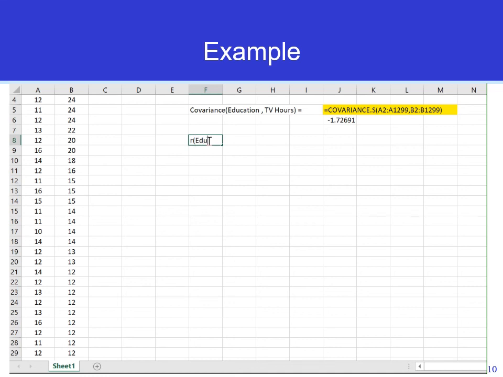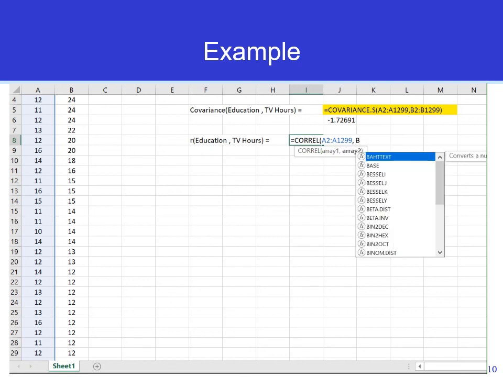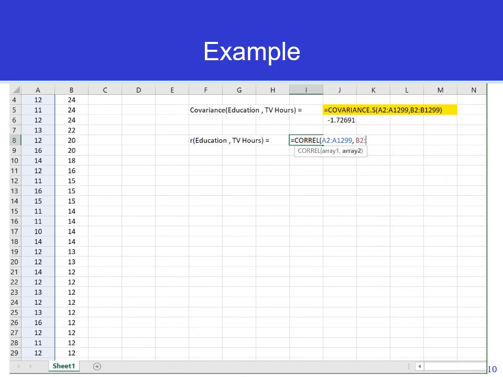R of education and TV hours is equal to, the function is CORREL, and let's use the same values. That would be A2 to A1299, and for TV watch it would be B2 to B1299.